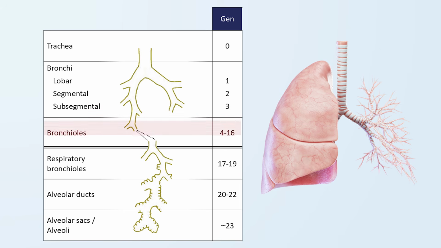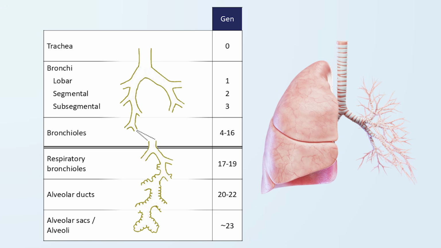This branching continues for approximately 23 generations of segmentation, creating an intricate tree-like structure down to a microscopic level. This results in the massive upscaling of the area of the gas-exchanging surface. As a consequence, the distal end of the airway tree has a total area many orders of magnitude greater than the cross-sectional area of the trachea.